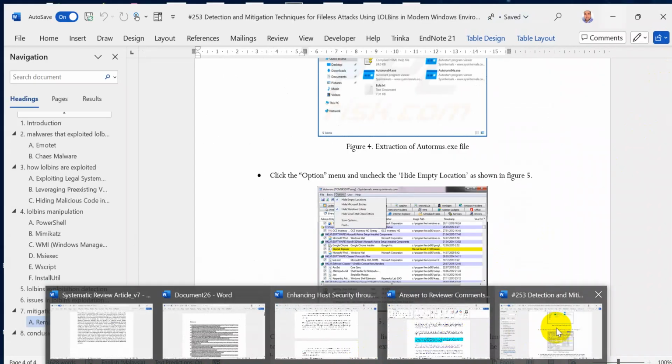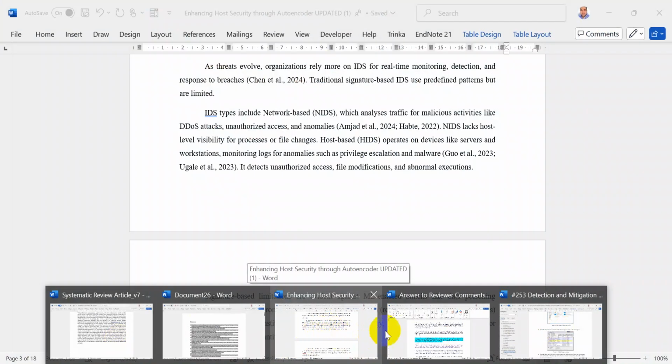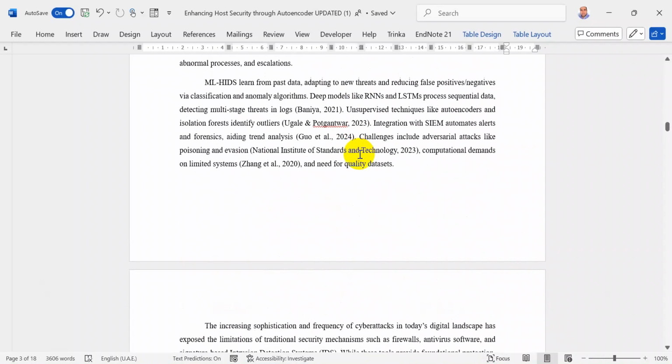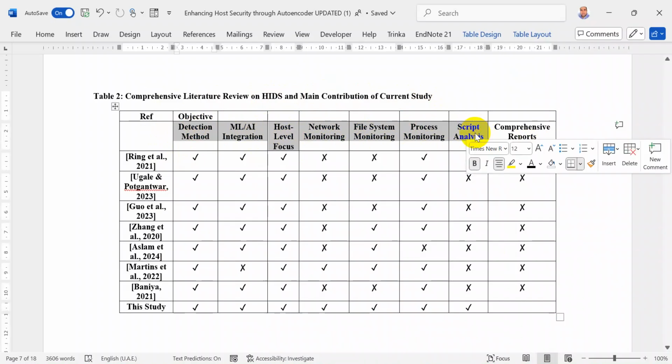Let me see if I have others. Okay, this is another table. In this table, they compare the literature review on HIDS and the main contribution of the current study. This is the feature. The author put the features here, and this is the reference.